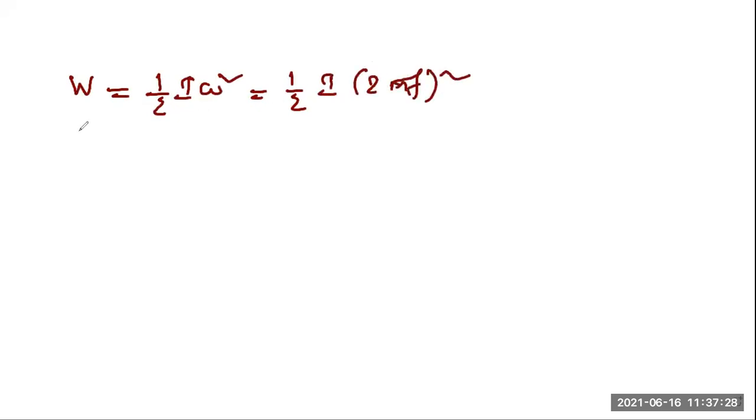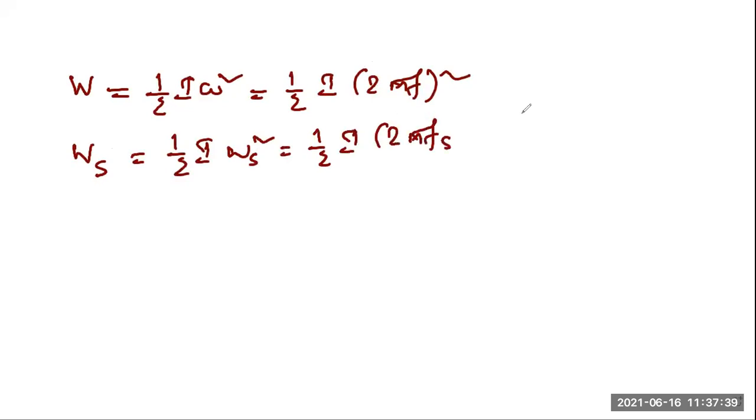So kinetic energy at the initial condition, let us say W equal to half into I, I is the moment of inertia, into omega square. So this will be half into I into 2 pi f whole square. And Ws will be equal to half into I into omega square, so this will be half I into 2 pi fs square. So now we'll take the ratio, that is W by Ws.